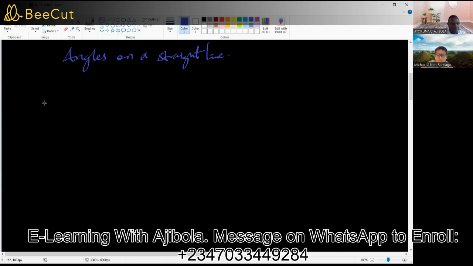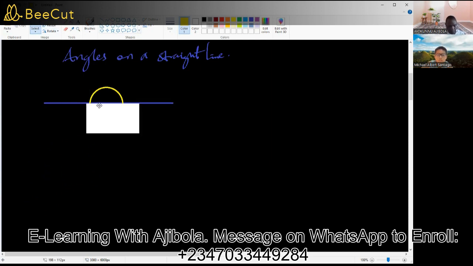If I have a straight line and I have an angle at the top of the straight line, let's say this angle at the top. Or better still, let me undo that and do it again. So let's assume I cut this away, and this is the angle I have.